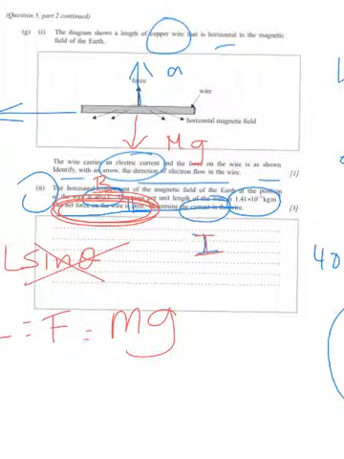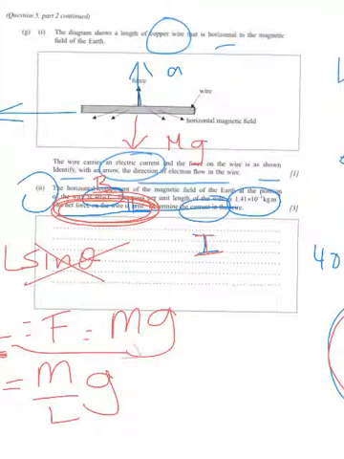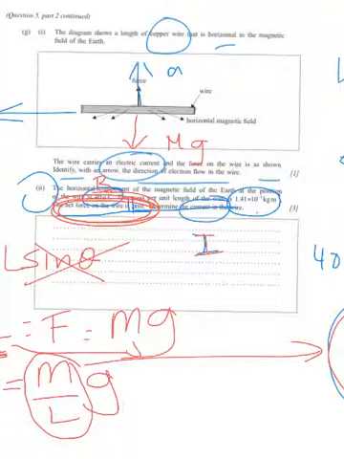But we don't have length. And we don't have current. But let's go back to this big question mark. They've given us the mass per unit length. So if we rearrange this to give us BI equals m over L times g, so we bring L over here, we've got mass per unit length in the formula. And do we have the mass per unit length? Yes, we do. It's 1.41 times 10 to the minus 4.